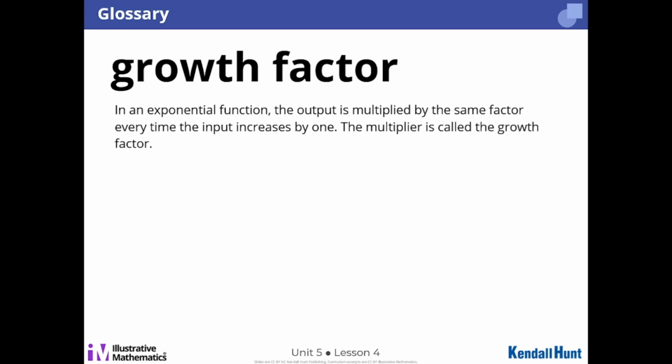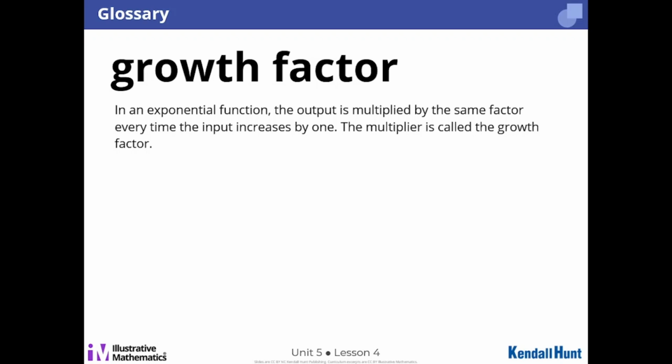We have one glossary term for this lesson, and that is growth factor. In an exponential function, the output is multiplied by the same factor every time the input increases by 1. The multiplier is called the growth factor. And don't let the name confuse you.